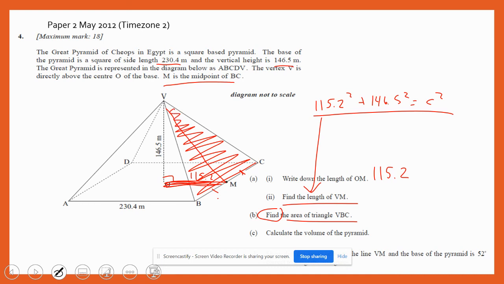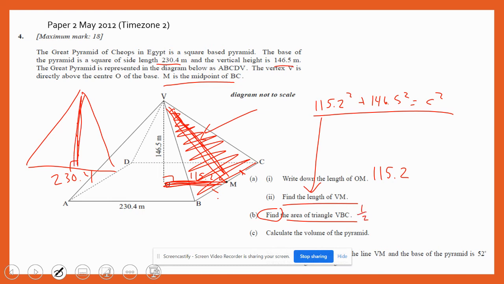And so I just found the slant height, which, if I draw that triangle out away from the 3D, I know the base is 230.4. And then what I just got for VM, the slant height, is the height right here. So my area of that triangle is 1/2 times 230.4 times what I got right there, which I did not calculate for you.